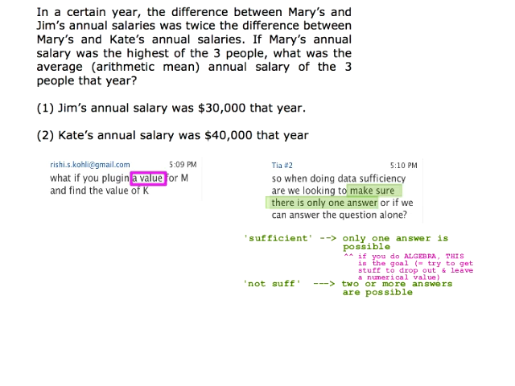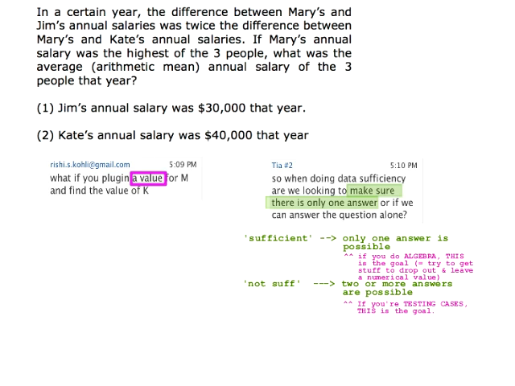On the other hand, if you're testing cases, that's not the goal anymore. Because if you're going to plug in numbers and see what happens, you can't plug in numbers and try to make something not happen. So if you test cases, this is the goal: you see whether you can get two things to happen.